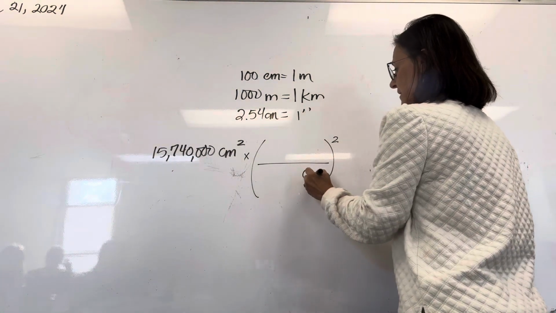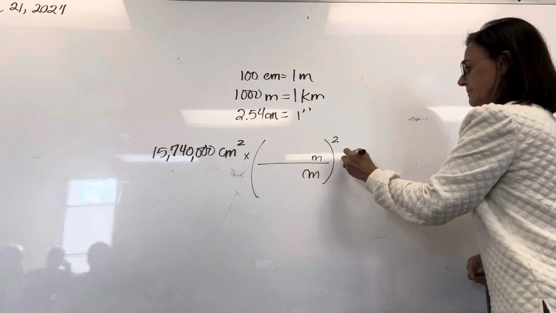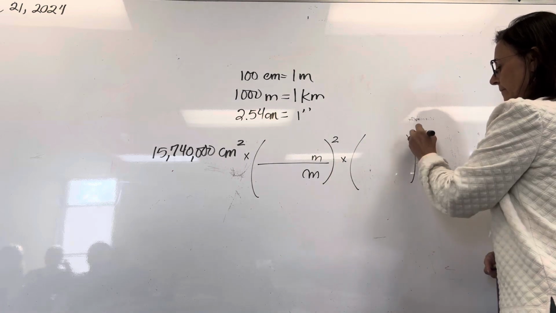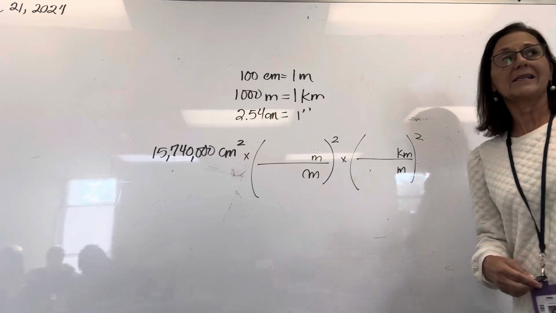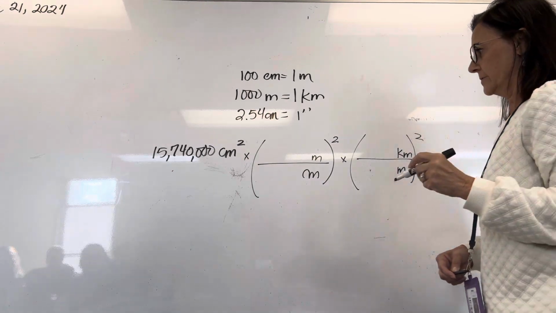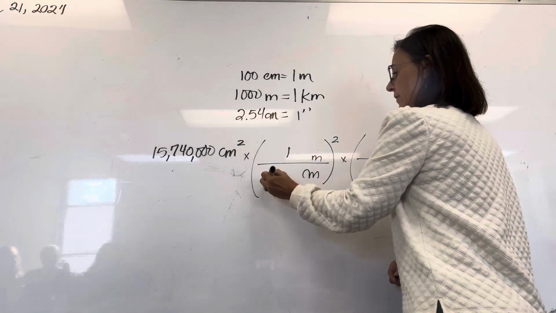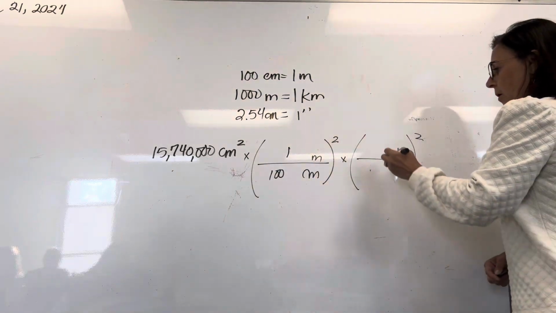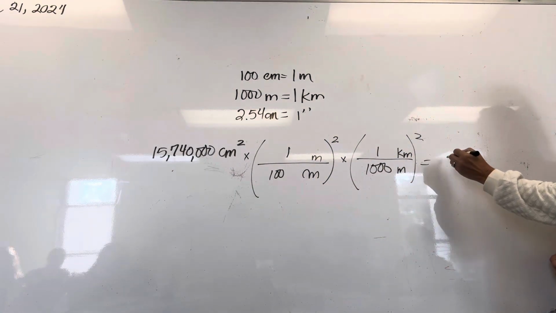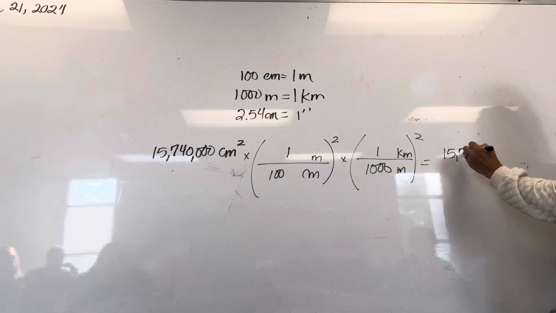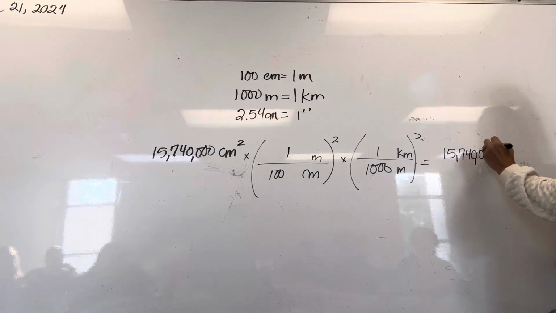So we go from centimeters to meters, and we go from meters to kilometers. It's the same unit multipliers. 1 meter is 100 centimeters. 1 kilometer, 1,000 meters. So it's 15,740,000.